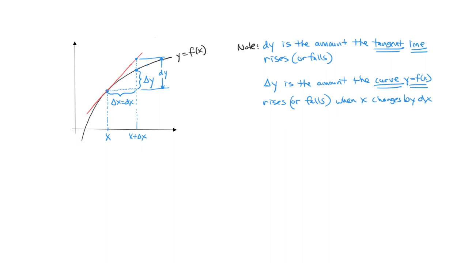So first, let's notice that delta y is actually just f of x plus delta x, which is that point, right? Isn't that point really f of x plus delta x? And then you subtract f of x, which would be that y-coordinate there. So if you subtract those two, you get delta y.